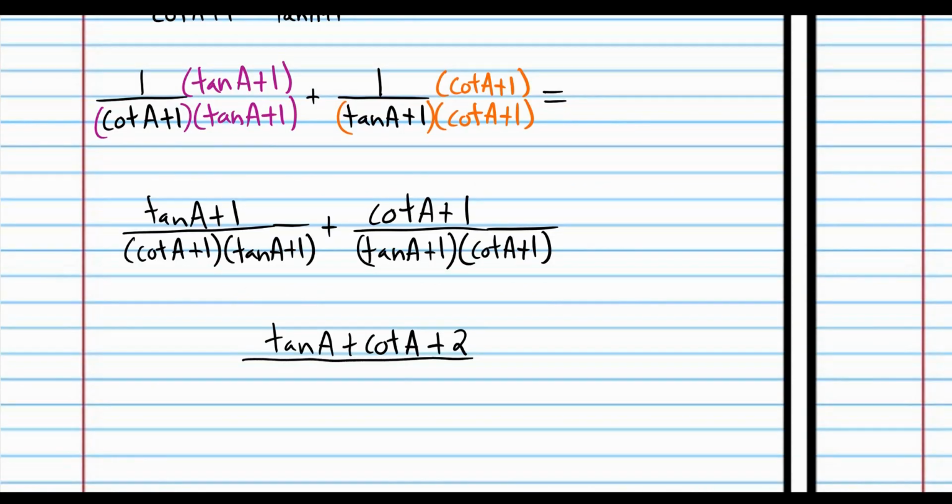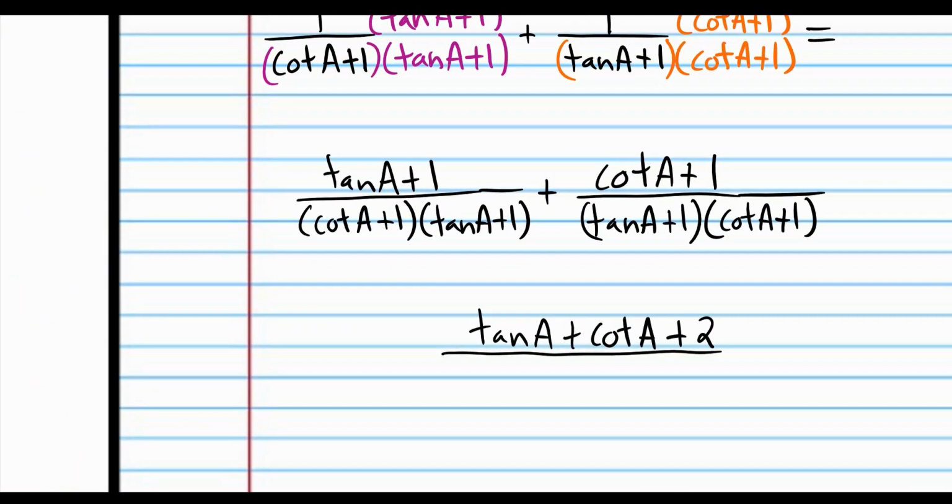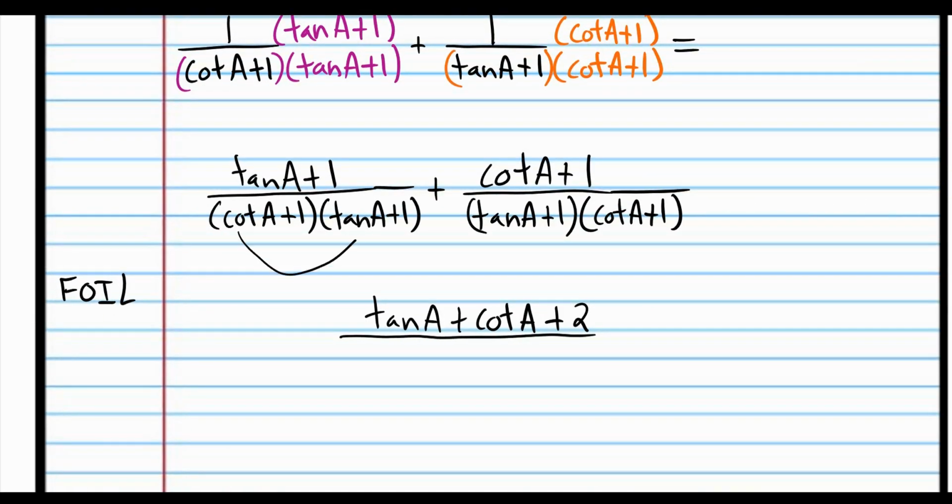Okay, so I'm not really seeing anything that's going to help us at this point. So let's take the denominator and go ahead and FOIL that. Remember FOIL. You should know FOIL pretty well at this point. So cotangent A times tangent A, that's the first terms. So that's F. So cotangent A times tangent A, that's F of FOIL. And then cotangent A times 1, that's O of FOIL.